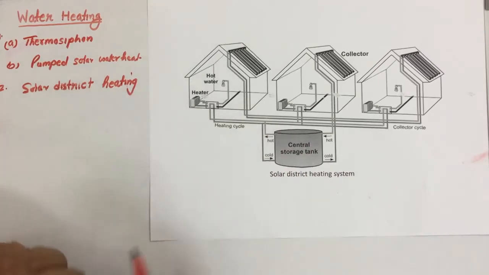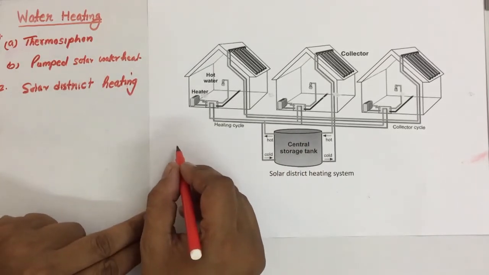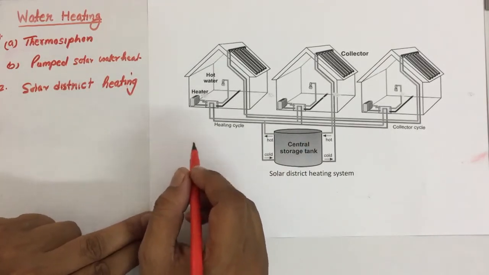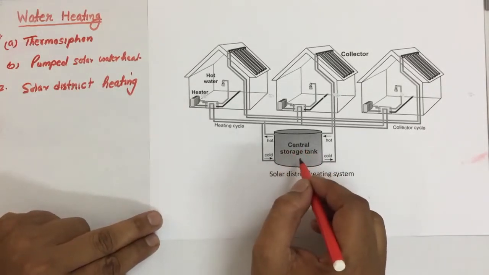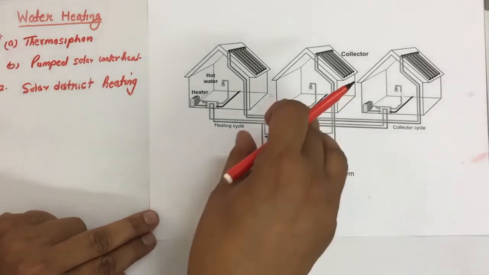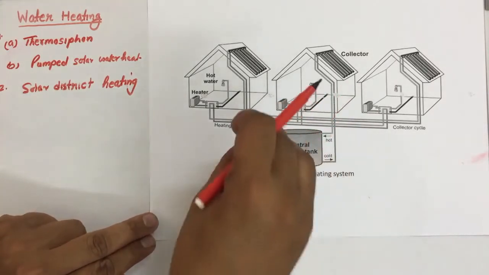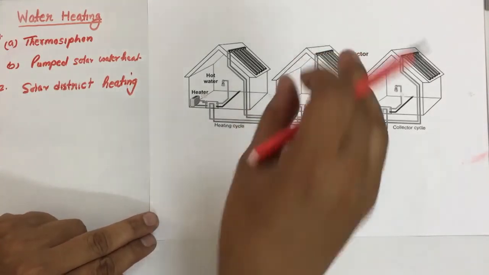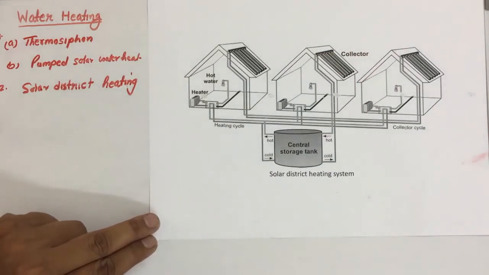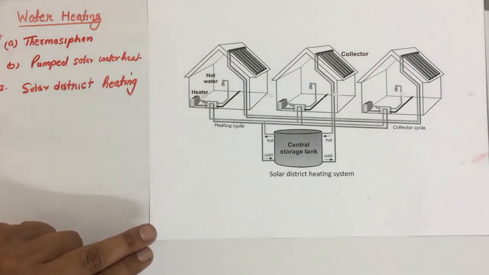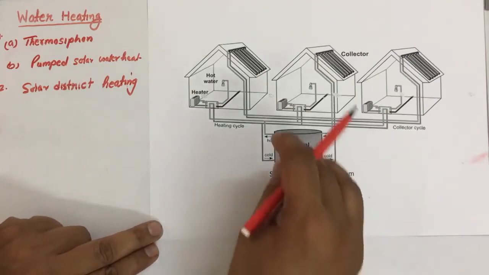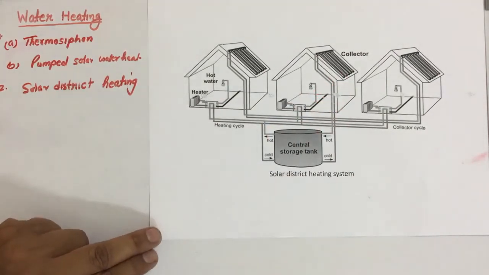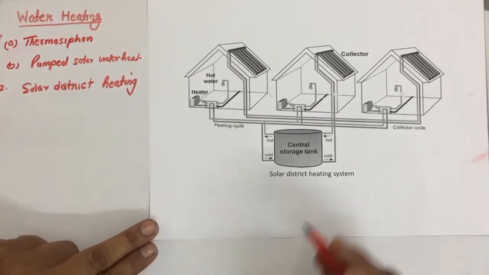For example, the first one is that the surface to volume ratio of a central storage tank is much better than that of a distributed storage system. So the storage heat losses are very low in the case of a central storage system. However, there is one drawback.